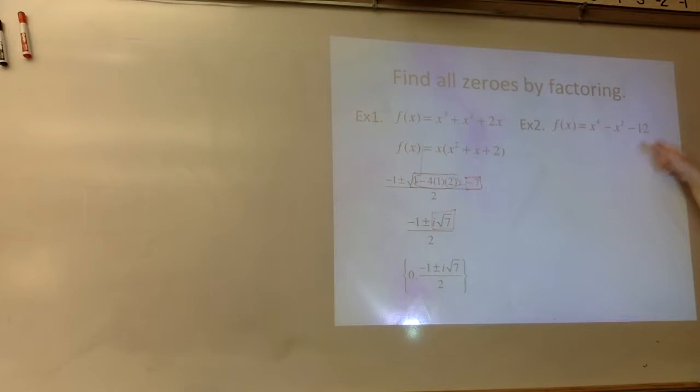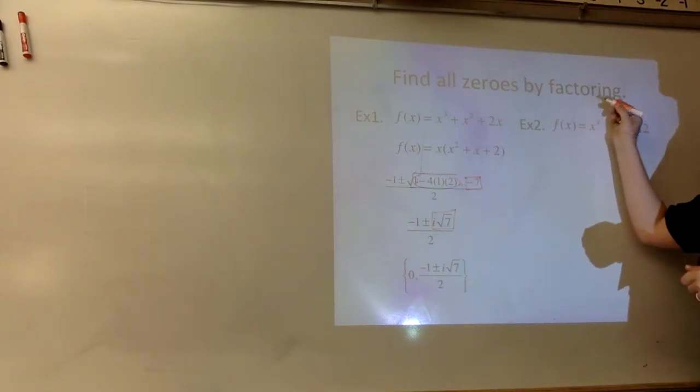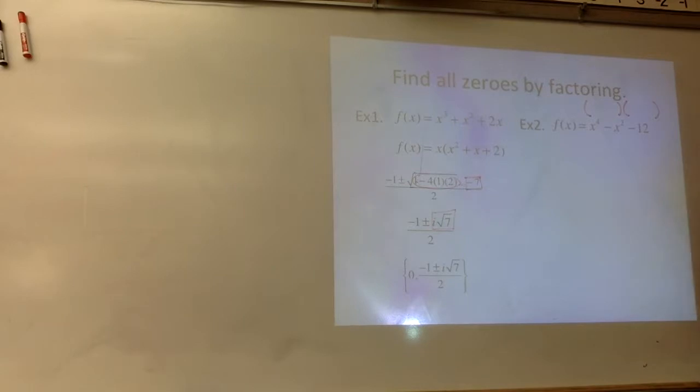we can model off of quadratic factoring, or what we call binomial factoring. That's when we do the parentheses, the baby parentheses. So we start out with this by saying, okay, what times what gives me x to the fourth? X squared.